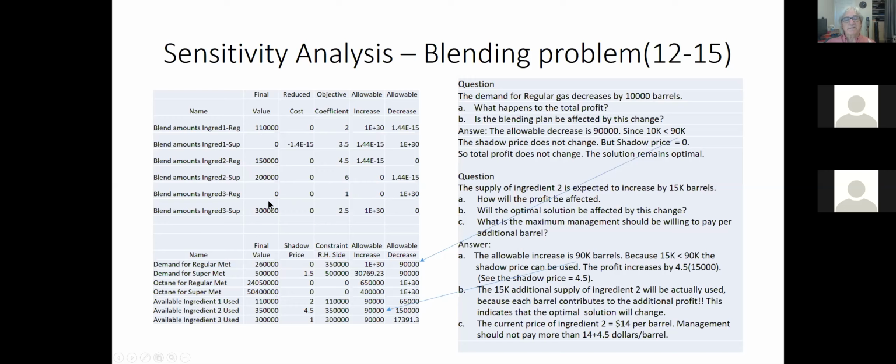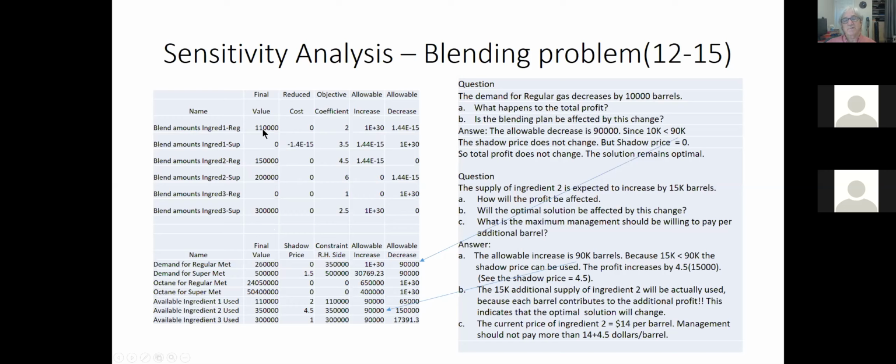And the optimal solution will not change. Specifically, you will still buy exactly, meet this is the blend amount that you have available for ingredient 1, you will still purchase this amount of ingredient 1 and sell it as regular.